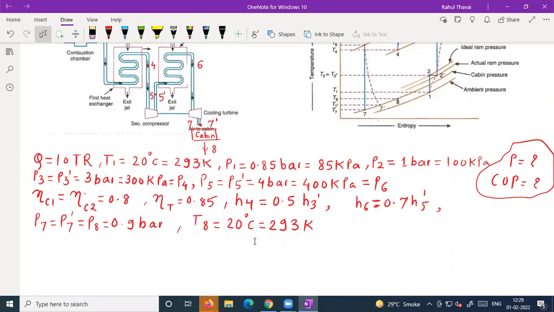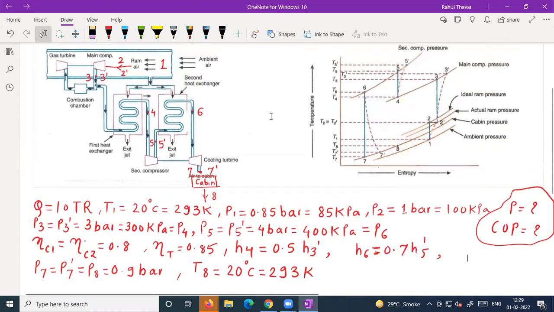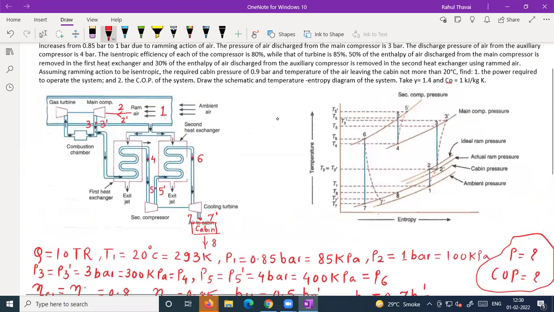P1, V1, then P2, V2, P3, V3, P4, V4, P5, V5, P6, V7, everything should be known. So we will calculate it. No need to write those things again and again.